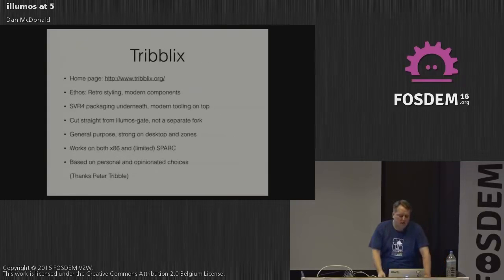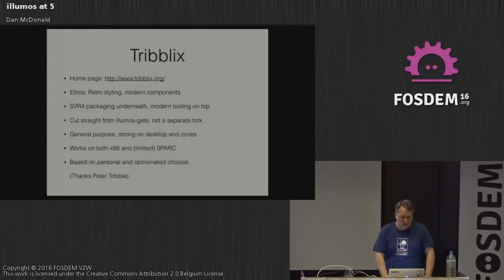Peter Tribble is here in the audience today. He has Tribblix, which is retro styling and modern components. He bases things on top of the old Sun System V Release 4 packaging, but there's modern tooling on top, so you don't have to deal with the clunkiness of the old SVR4 package tools.